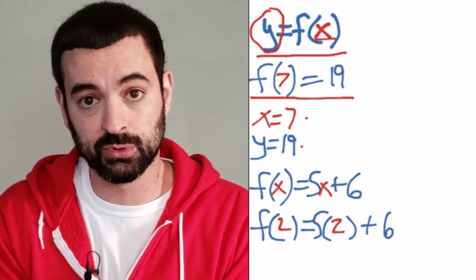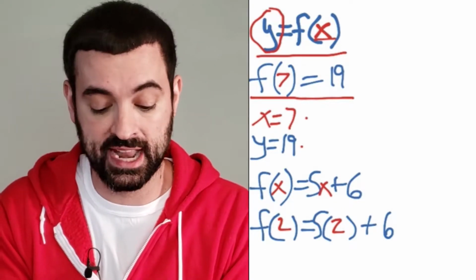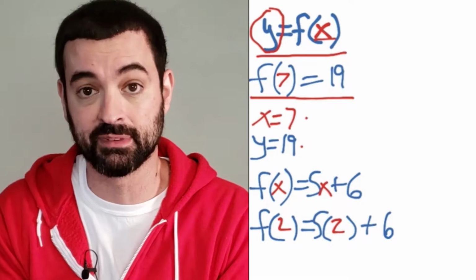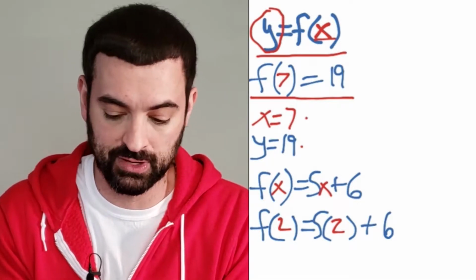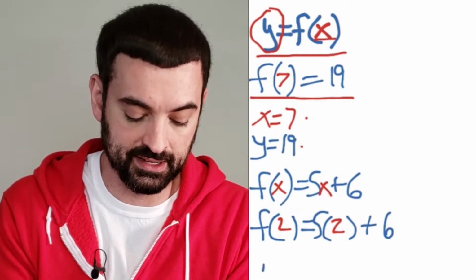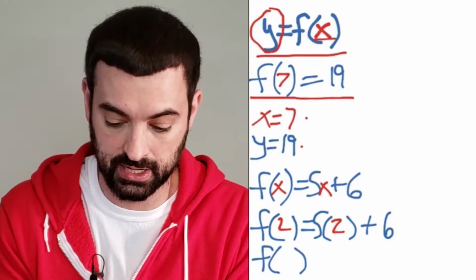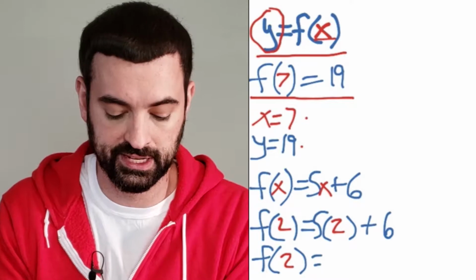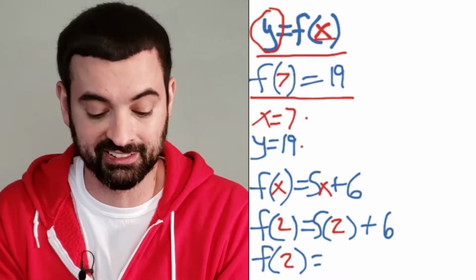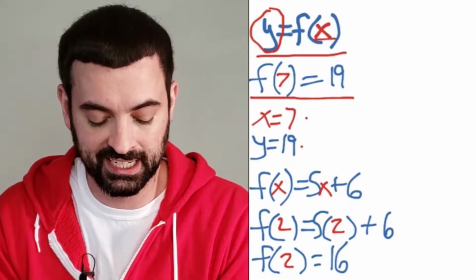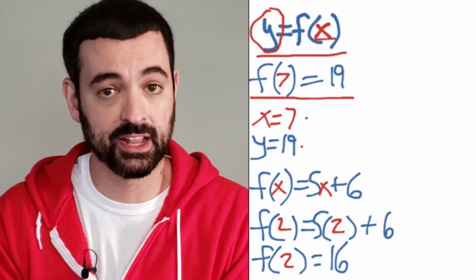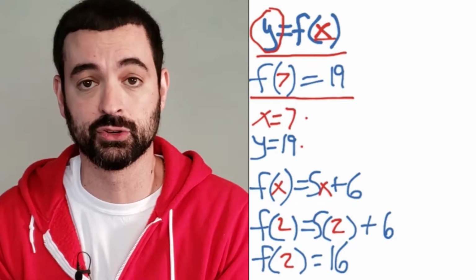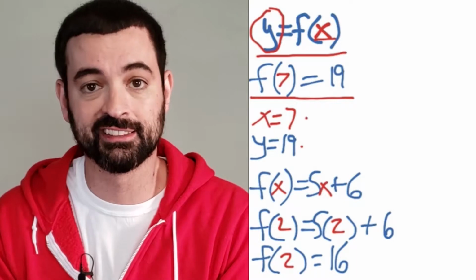So if f of x equals 5x plus 6, then f of 2 equals 5 times 2 plus 6, and we would say that f of 2 equals, 5 times 2 is 10, plus 6 is 16. And in this case, my x value would be 2, and my f of x value, or my y value, is 16.